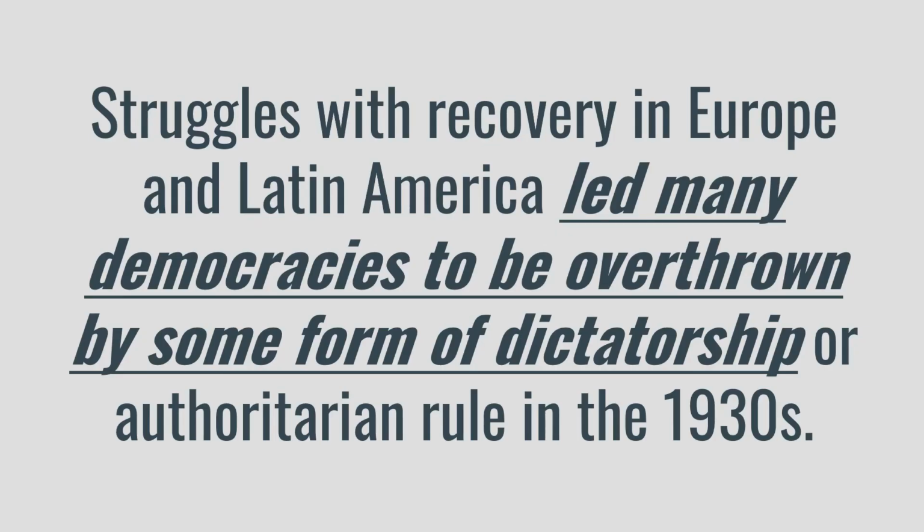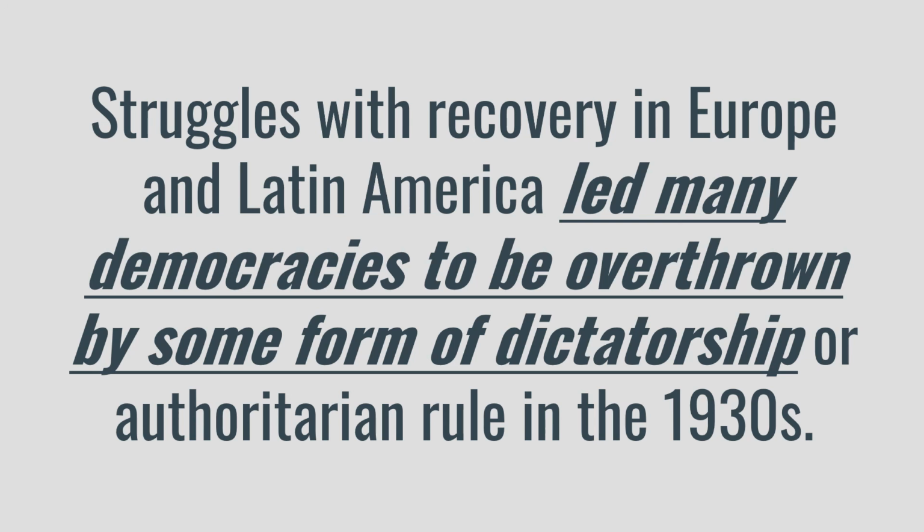So what we're going to see in Europe and in Latin America is that the struggles with the economy are going to open up a place for dictatorship. A lot of democracies that had been established in Latin America and in Europe by the 1920s, those economic struggles are going to open up space for authoritarian dictatorship.